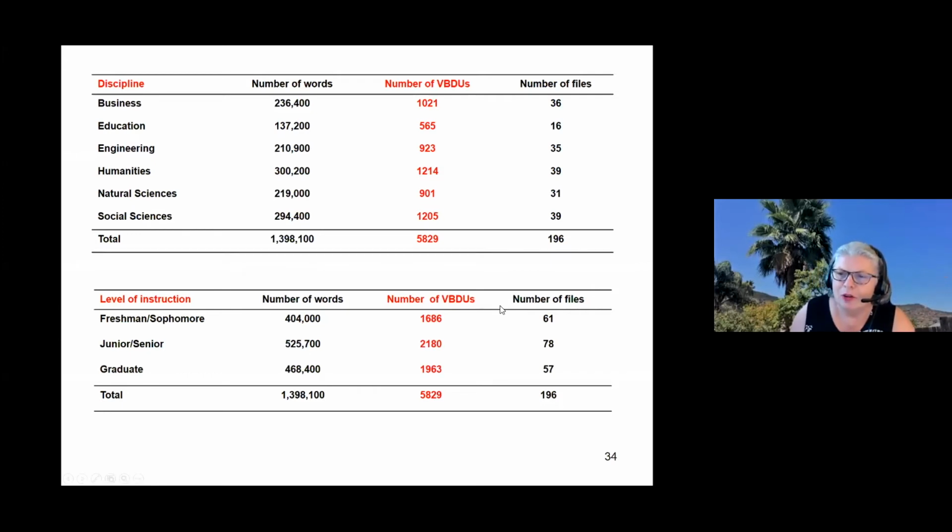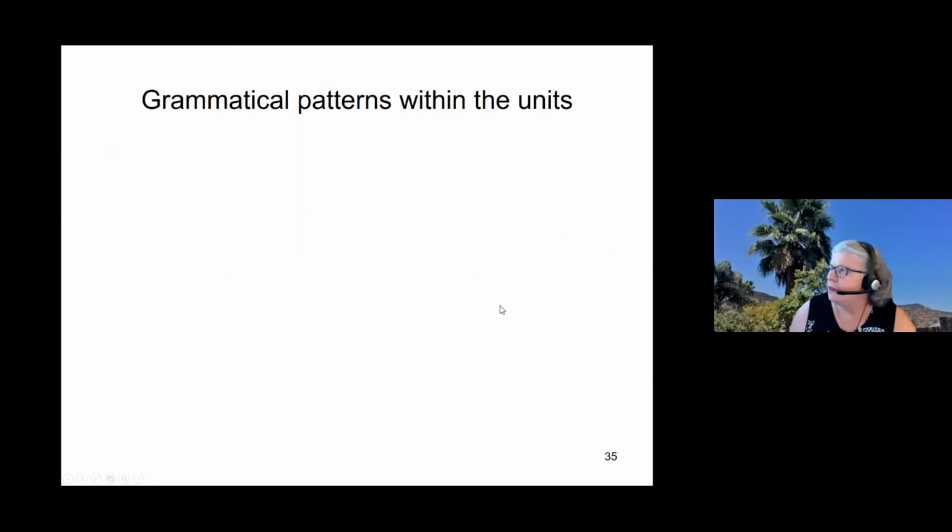Only those units that are 100 words or more got into further analysis, the grammatical analysis and the factor analysis, because if it's less than 100 words, I don't want to go into it. I'll be happy to discuss separately why that's problematic; it just gives us skewed results.